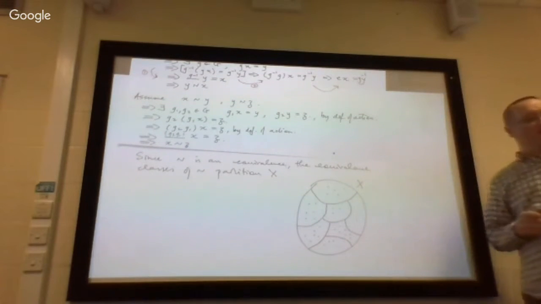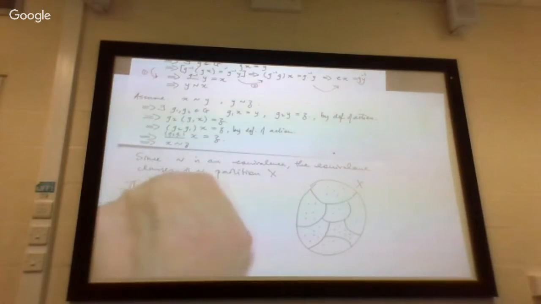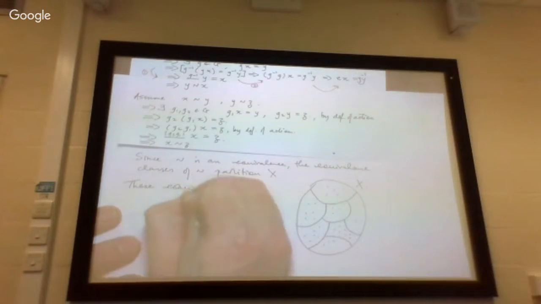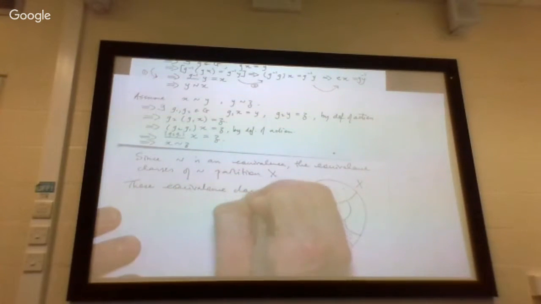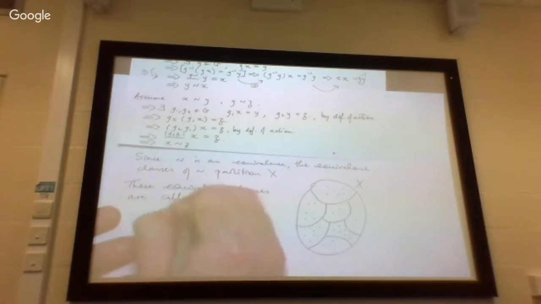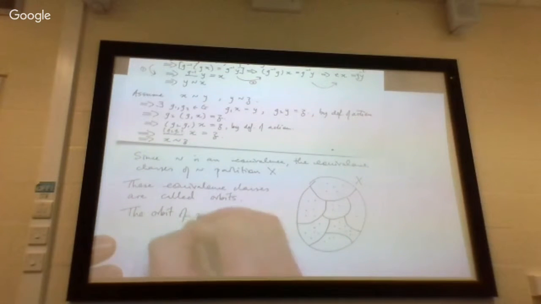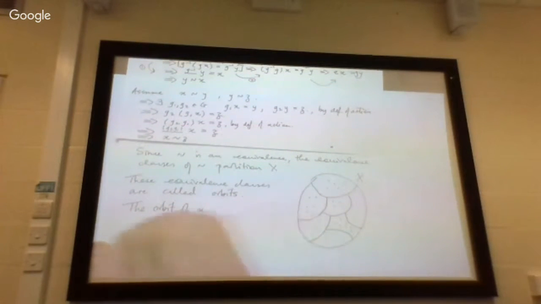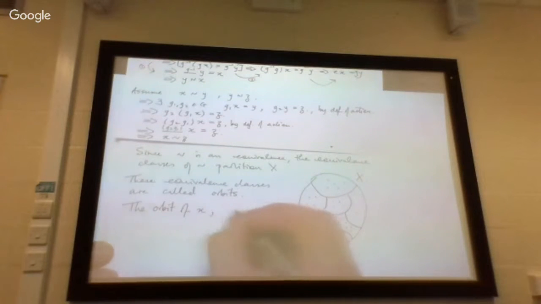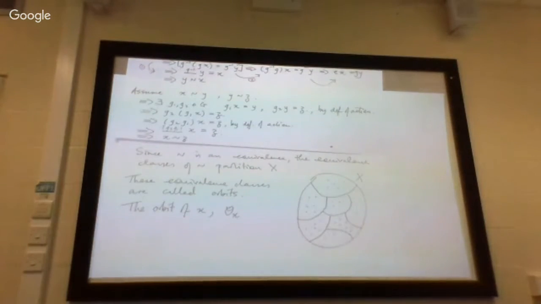These equivalence classes have special names here. These equivalence classes are called orbits. So the orbit of a little x is written, now you'll see it's like a funny O, a script O, a handwriting O. See it in the book there, right at the bottom of the page 223, the way it's written in that font.